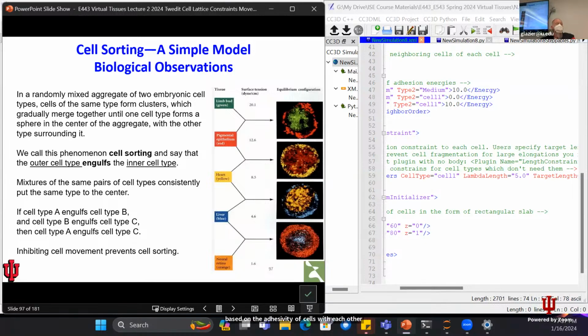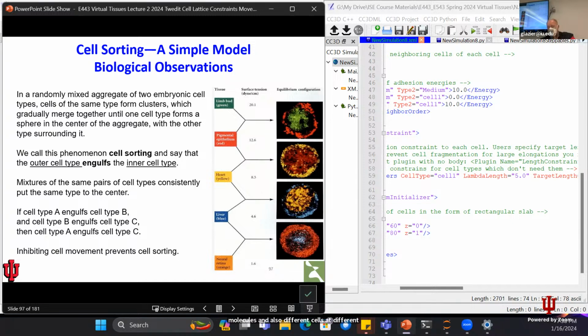And this isn't totally crazy because cells have a whole variety of what are called cell adhesion molecules. And there are many species of cell adhesion molecules: neural cadherins, epithelial cadherins, endothelial cadherins, vascular cadherins, for example. And so you have both different types of cell adhesion molecules, and also different cells have different densities of them.